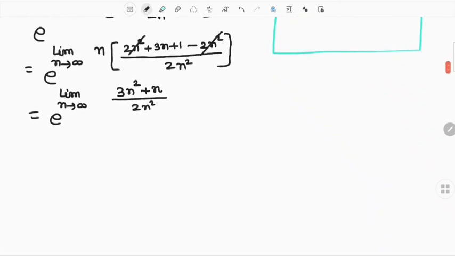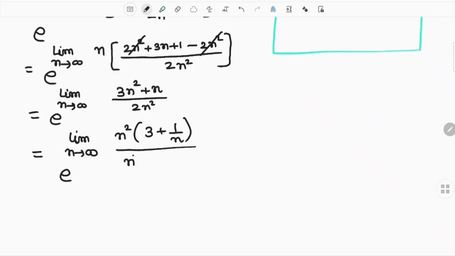We already discussed that whenever the numerator and denominator have the same degree, it is better to approach like this. Instead of the direct step, I am going to write limit n tends to infinity, n square taken common from the numerator, it becomes 3 plus 1 by n, divided by n square, and from the denominator 2 remains.